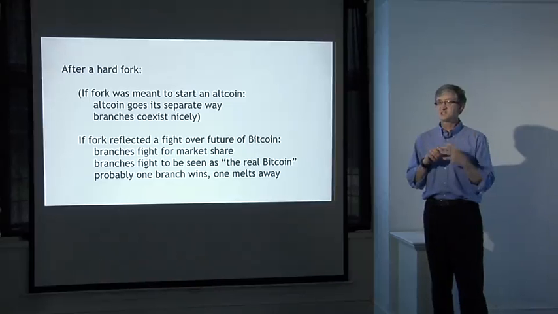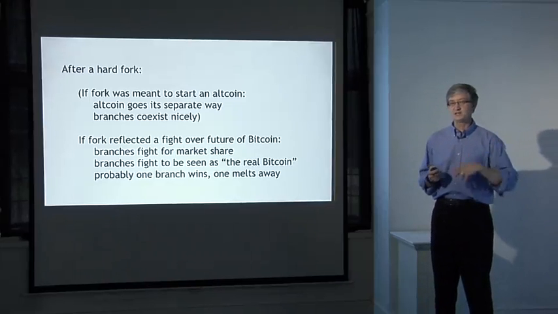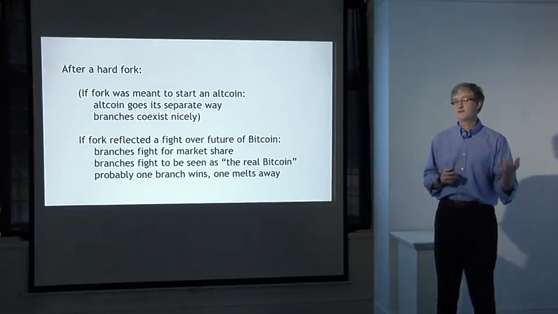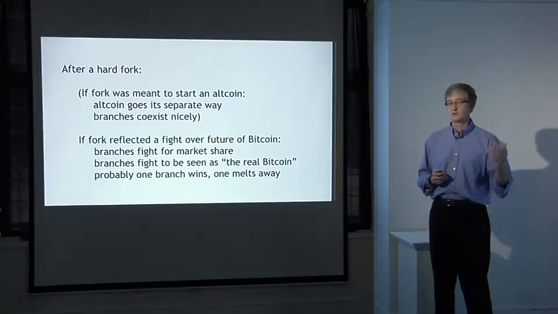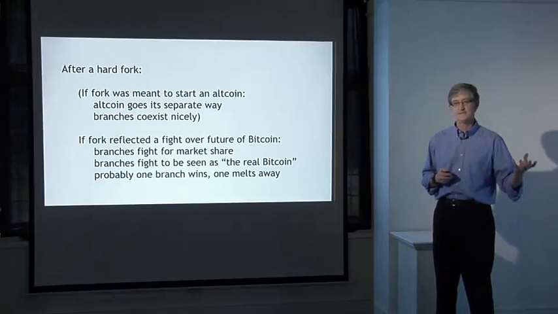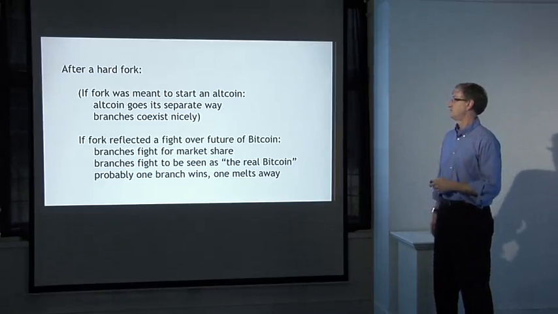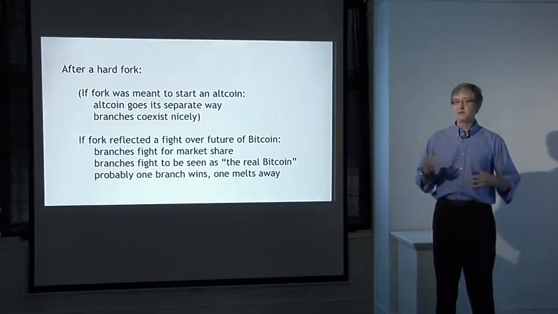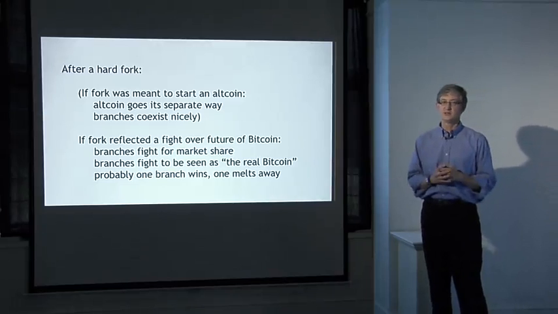And if somebody just wanted to start their own currency and they found it convenient to start with a rule set that was very close to Bitcoin's, they found it convenient maybe even to start with Bitcoin's blockchain and to fork off as I illustrated on the previous slide, then that's not really a problem. The altcoin goes its separate way. The branches coexist peacefully, and some people prefer to use Bitcoin, some prefer to use the altcoin.